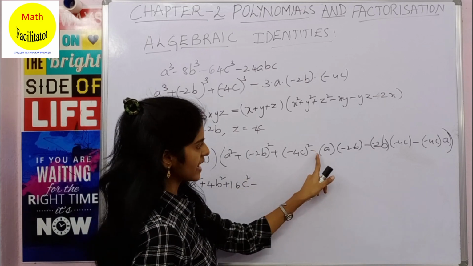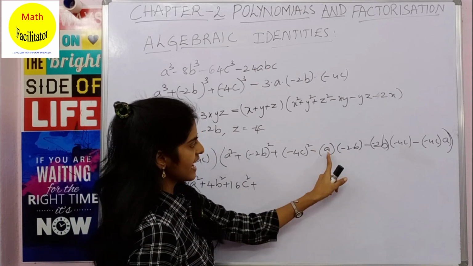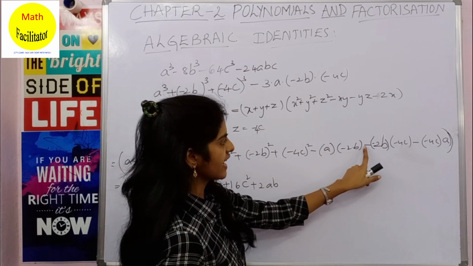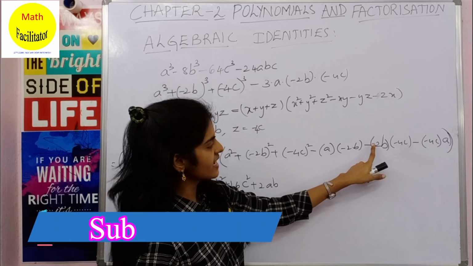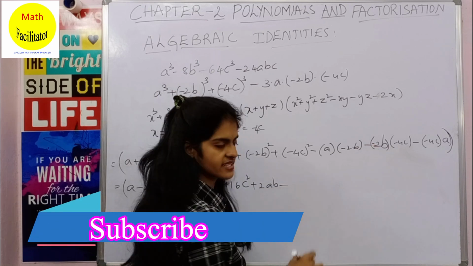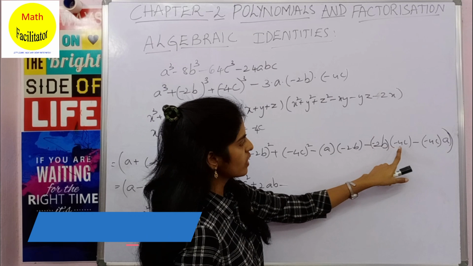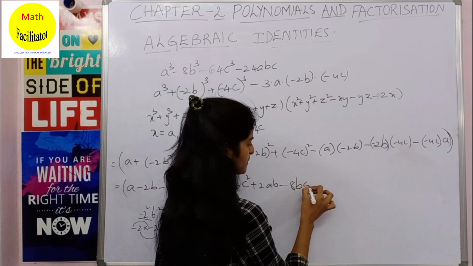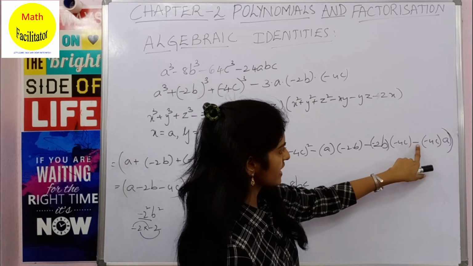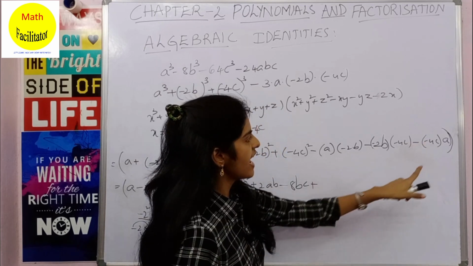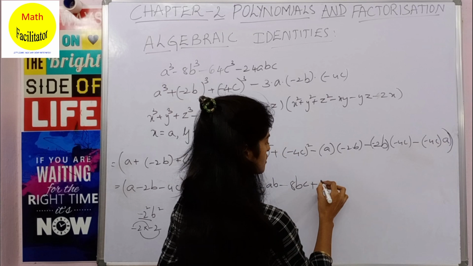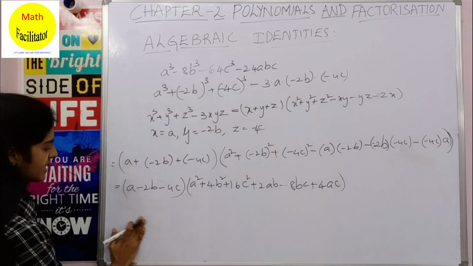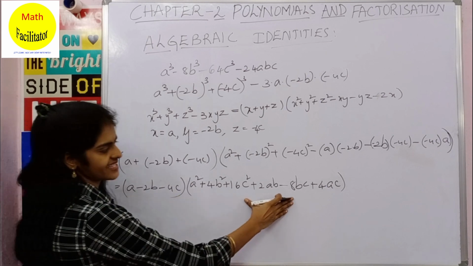Minus into minus is plus a into 2b, so it is 2ab. Again minus into minus is plus, plus into minus is minus, so 2 into 4 is 8, you have b into c, so 8bc. Clear? Now this is minus into minus is plus and it is 4ac. Clear? So now you can clearly see that this is one factor and this is the other factor.